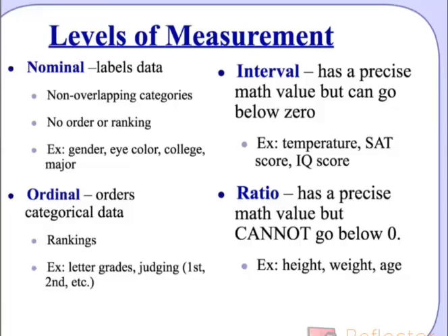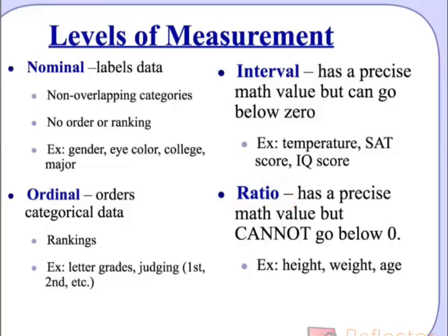So in the quantitative levels of measurement, does the 0 matter or not? If the 0 doesn't seem to matter and we can go below it, that is going to be interval. If the 0 matters and we cannot go below it, that is going to be the ratio.